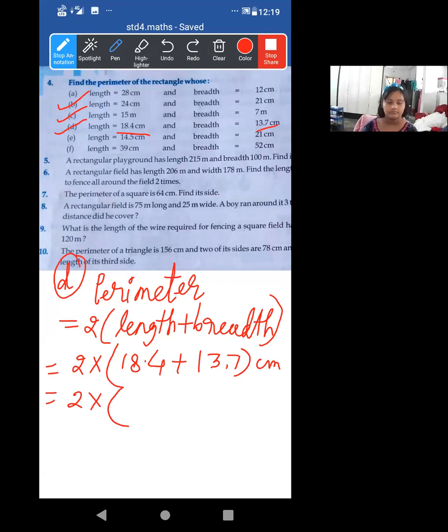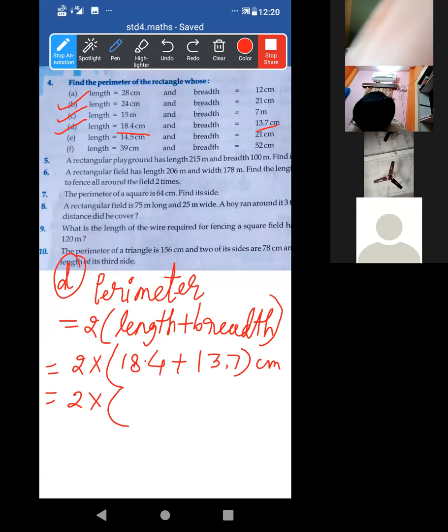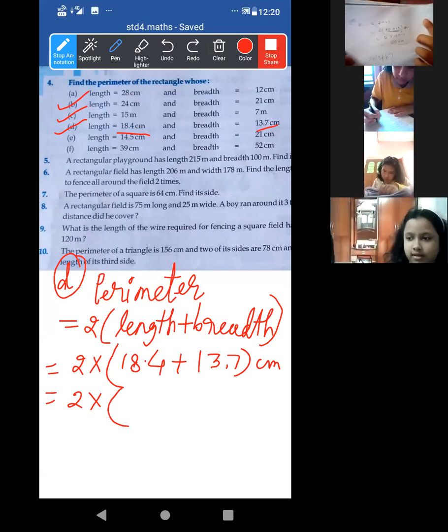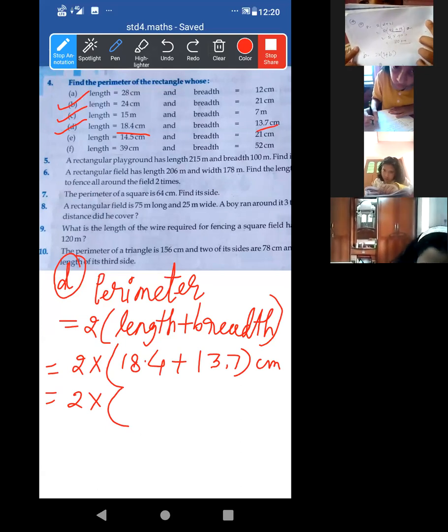Now add them. Acha, who will say the answer? Oishani? Swarnakshi? Yes.